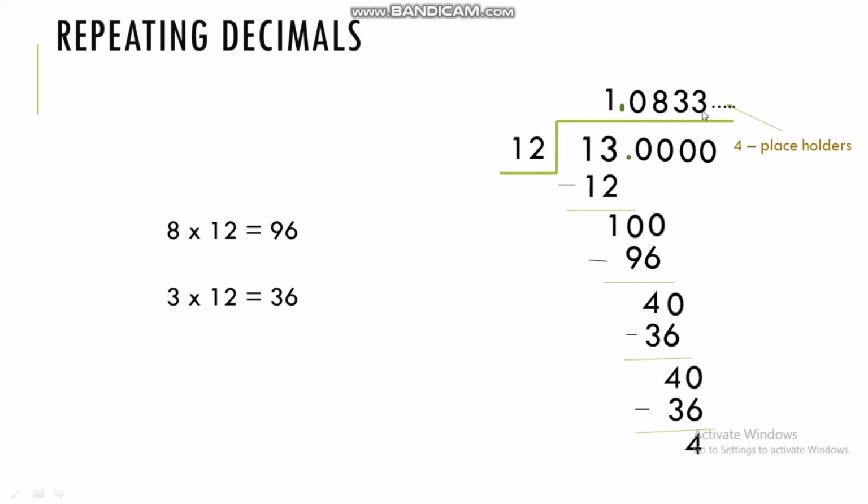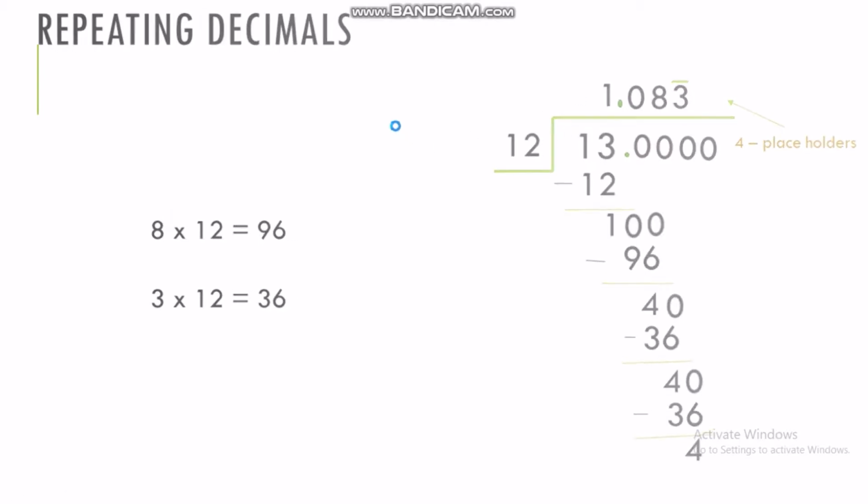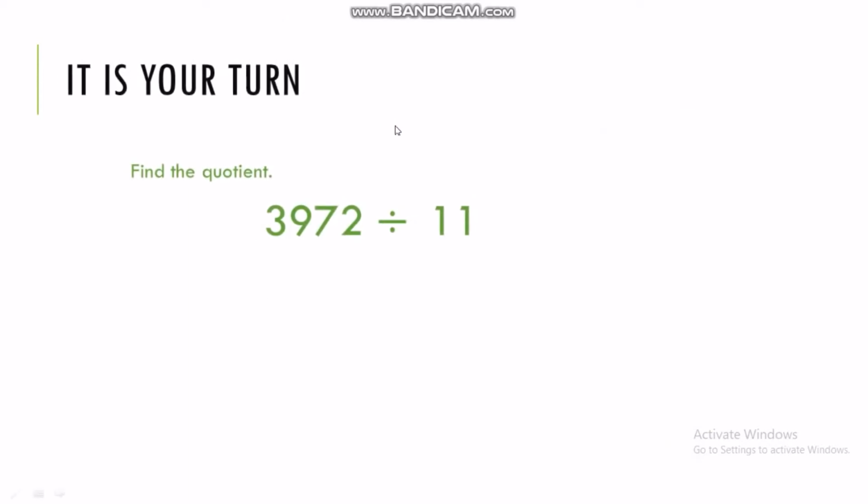There must be another way to write such a number. The way says that you see the first repeating digit, write a small line at the top of it, and lose the rest of the repeating digits. So the answer will be 1.083 with this bar. It's your turn now. Find the quotient of 3,972 divided by 11.